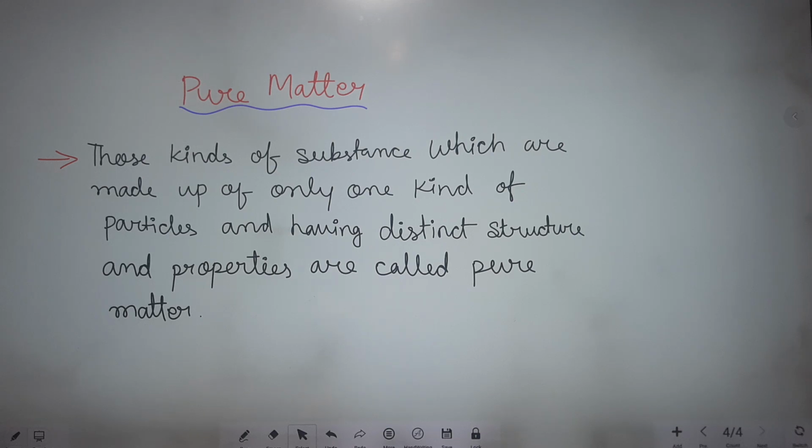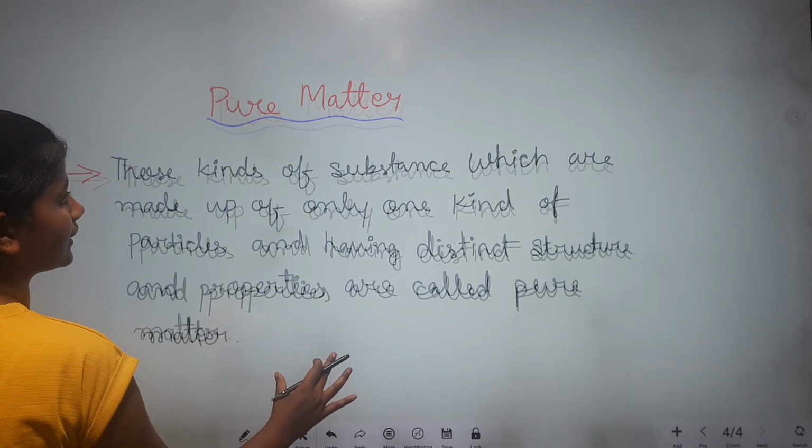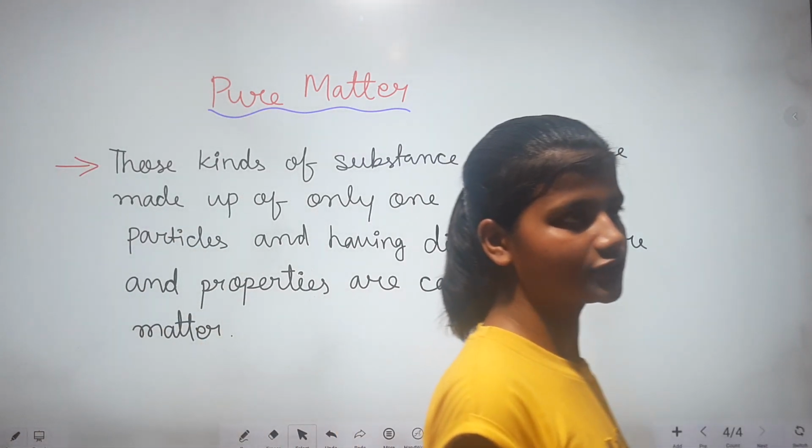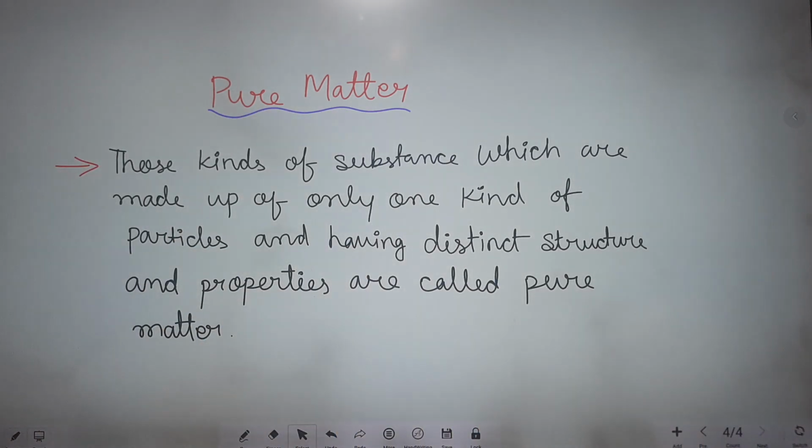It means pure matter is those kinds of matter which are made up of only one kind of particles, and having distinct structure, they also have their distinct properties, are called pure matter.